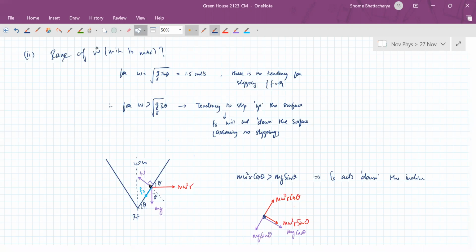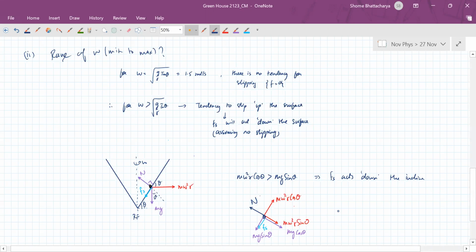Normal reaction, which will act like this. And finally, the static frictional force, which will act like this.